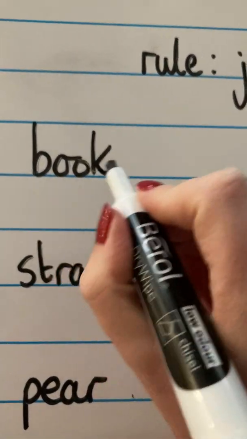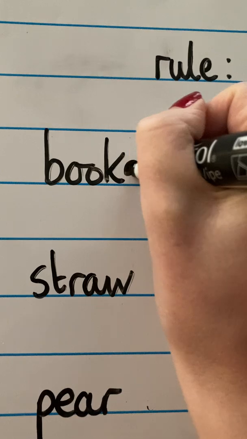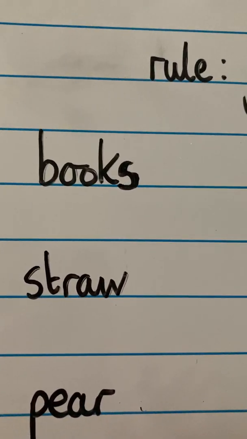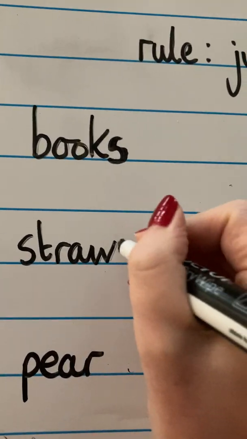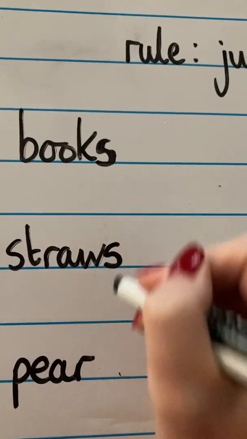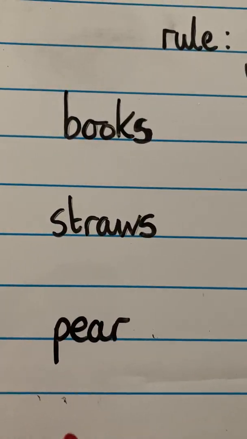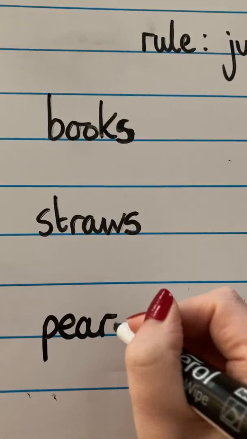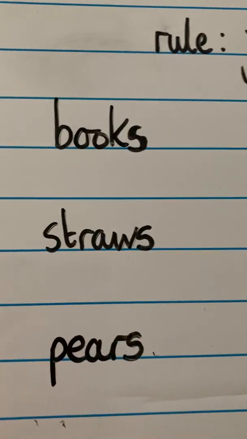So we've got book. So if I have more than one, that becomes books. Okay? Straw. If I have more than one, that becomes straws. I have lots of straws. Pear. If I have more than one pear, if my friend gave me a pear, that means I've got two pears.